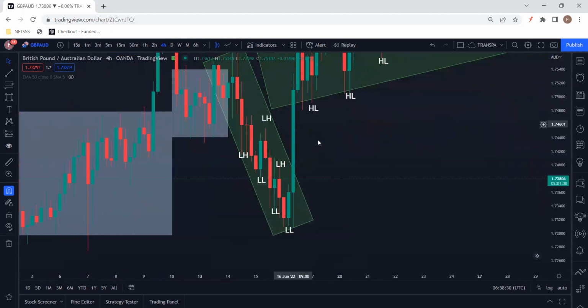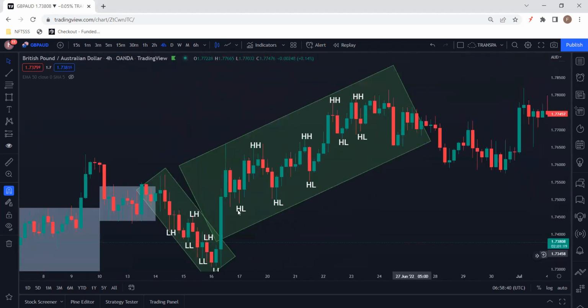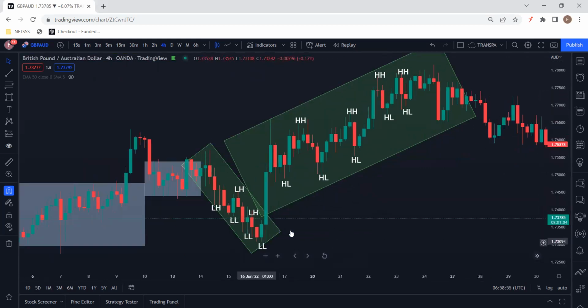We want this, where you can clearly see the market bringing in lower highs and lower lows. And also, this market condition is one we are very much interested in. You can see clearly the market is printing higher highs, higher lows, clearly in an uptrend, and then clearly in a downtrend.